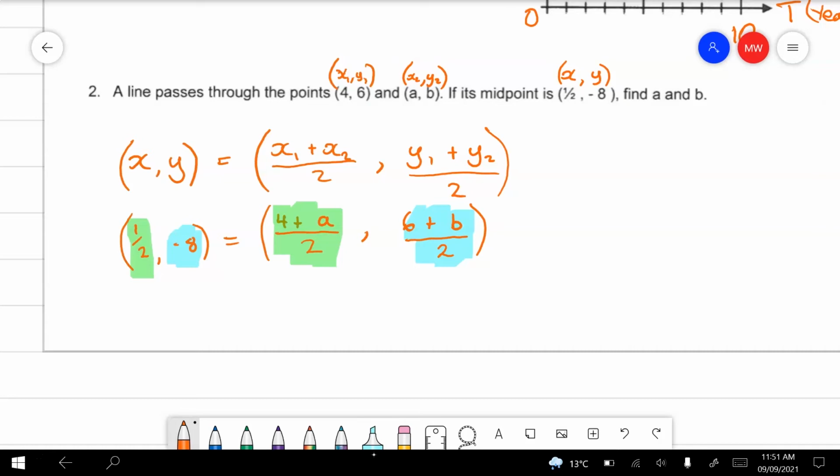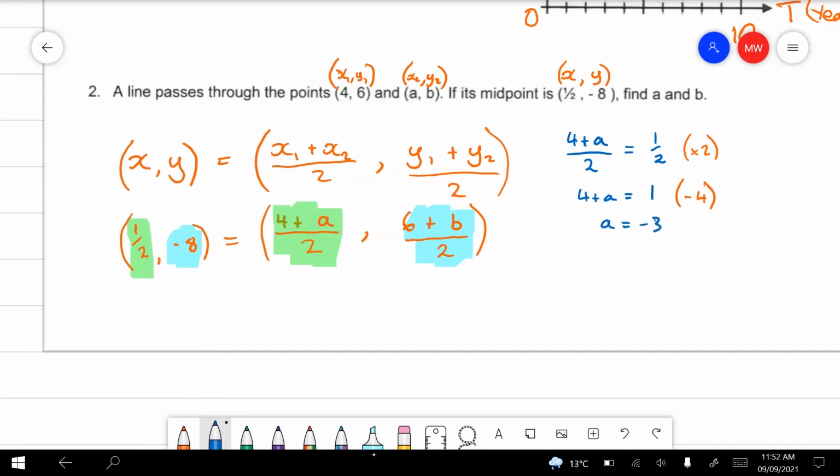If I take the first part of this, I'm going to do the x's first, I know that I've got 4 plus a divided by 2 equals a half. And now really it's just balance method. Let's multiply by 2 on both sides, and 4 plus a will be 1. Let's subtract 4 on both sides, and a will be minus 3.